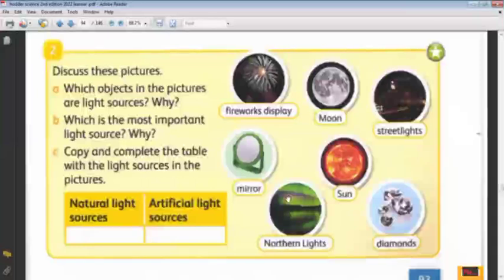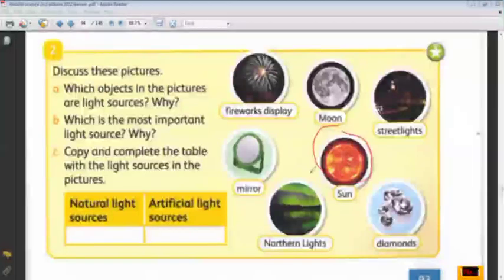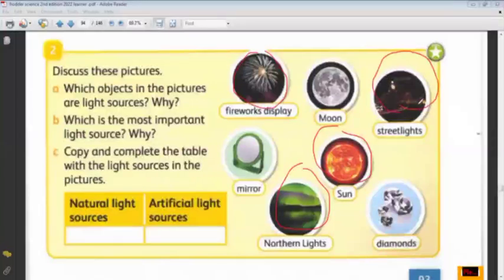It doesn't emit light. Does the diamond emit light? No, and the moon also doesn't. They are not sources. The only sources that we have are the sun, fireworks, and the northern lights. These four: the sun, northern light, fireworks, street lights. These are light sources. Moon, mirror, diamonds are not light sources.